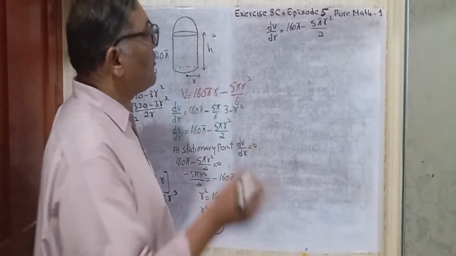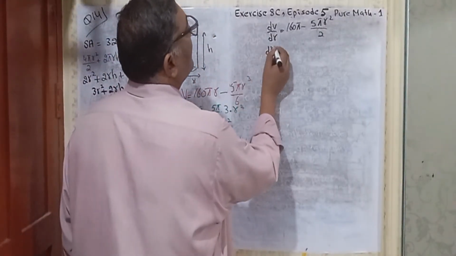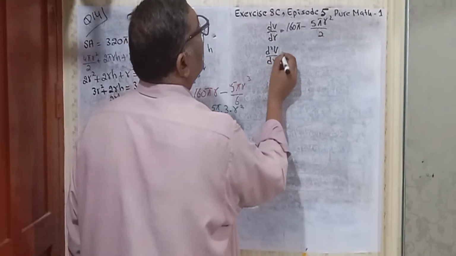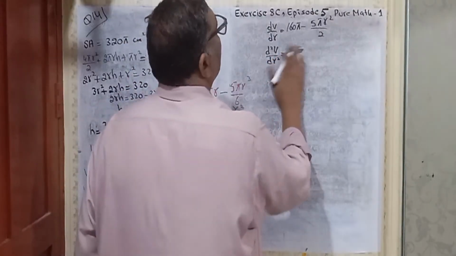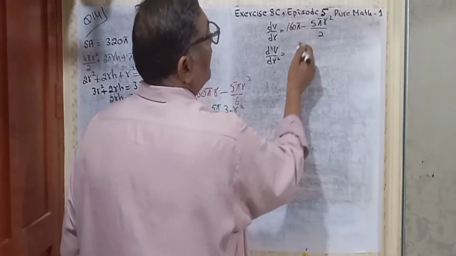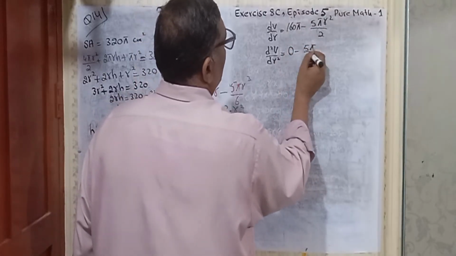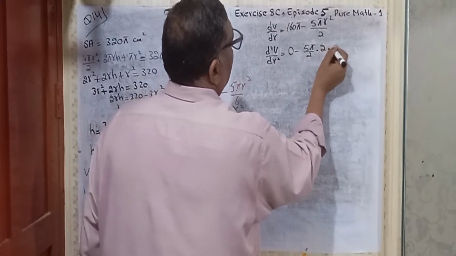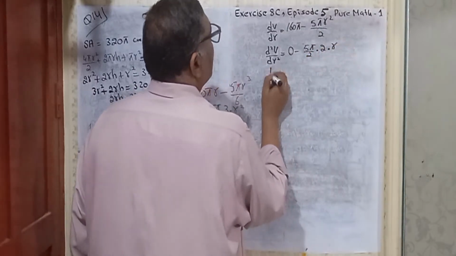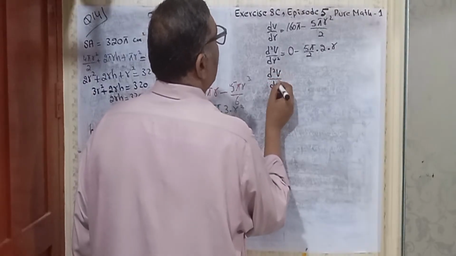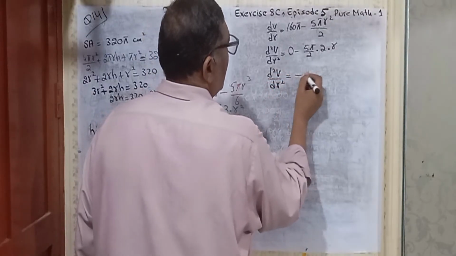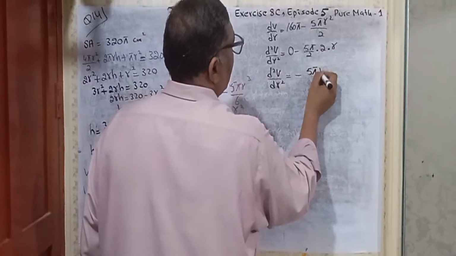Now I'm going to find the second derivative. d square V by dr square will be equal to: the derivative of 160 pi is 0, minus 5 pi by 2 into r raised to power 1. So d square V by dr square equals minus 5 pi r.